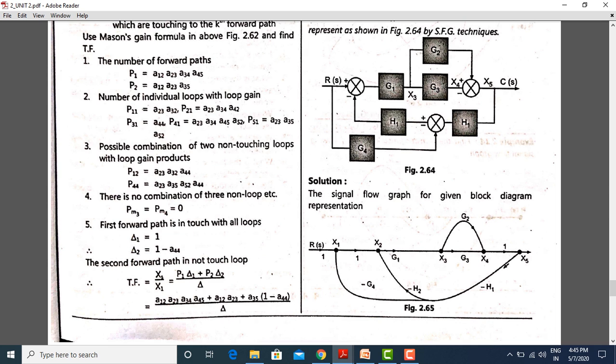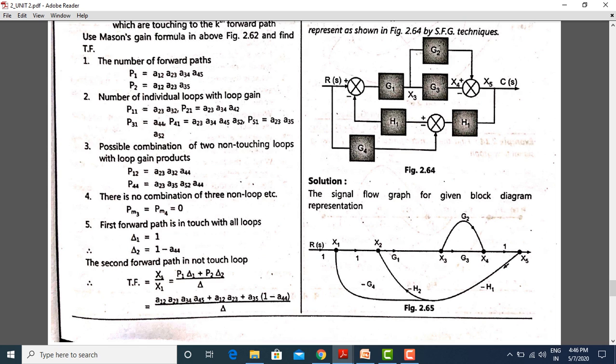So from R of S to this point, one gain is there. From this x1 to x2, one gain is here. This summing point x2 to x3, G1 gain is here. So x3 to x4, this G3 gain is here.